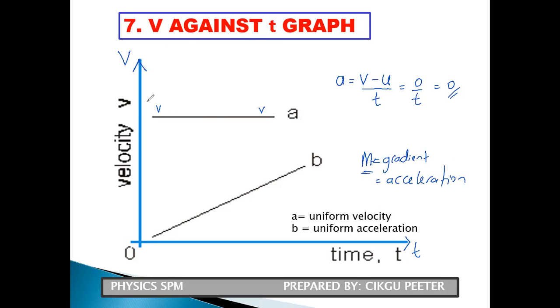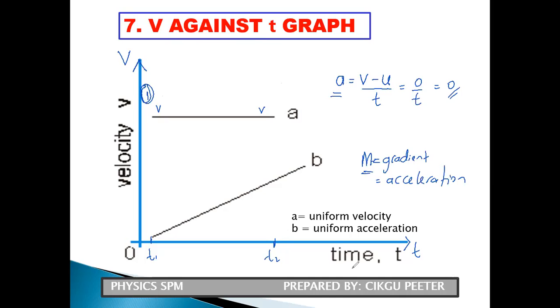So for the first line, line number 1, v minus v over t. If I say this is t1 and this is t2, for example, then t minus t gives a value, but v minus v is 0. So I get 0 acceleration.